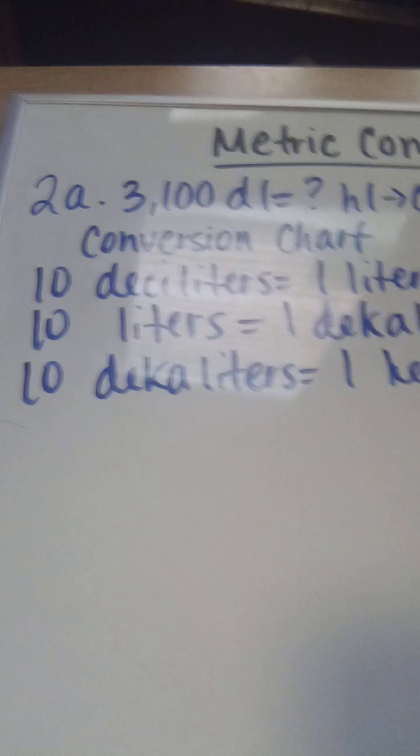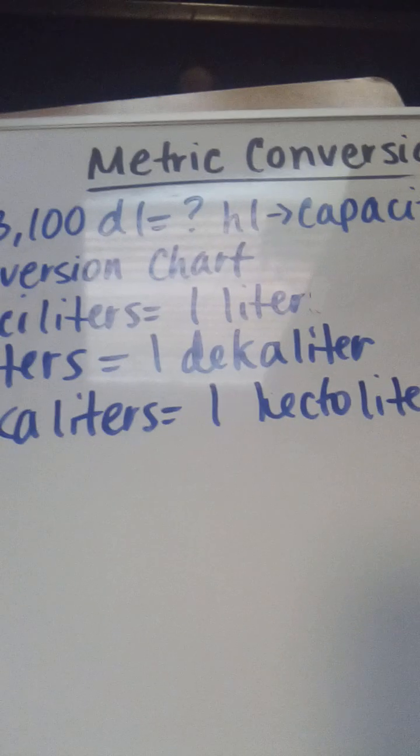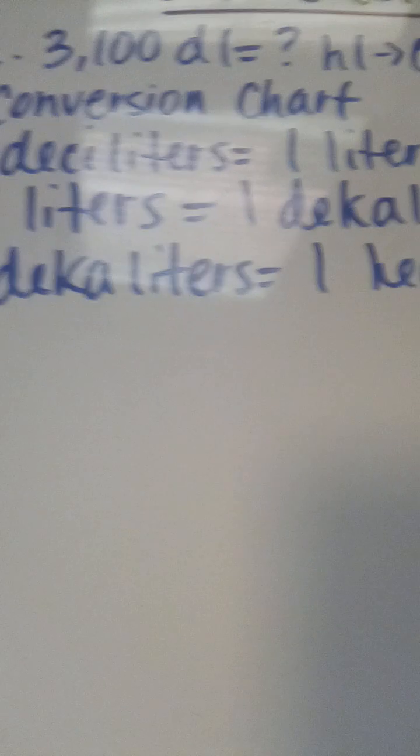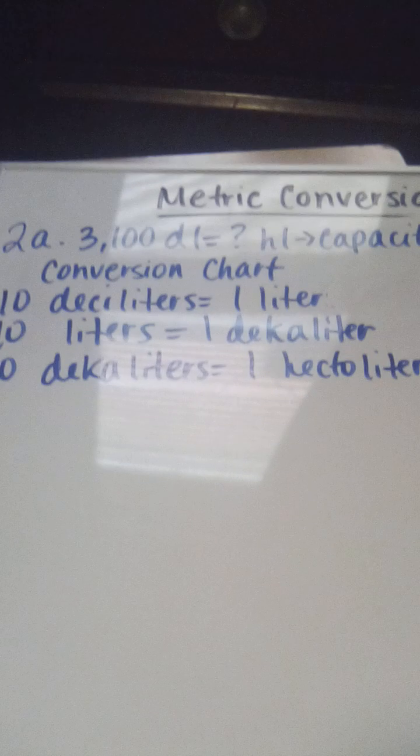It's kind of similar to the last problem, but a different version, different unit. So this is what we have. 10 deciliters equals 1 liter. 10 liters equals 1 deciliter. And 10 deciliters equals 1 hectoliter. So this will be on your notes, so you don't need to worry about writing everything down. So just print those notes and you'll see why. You okay to this point?